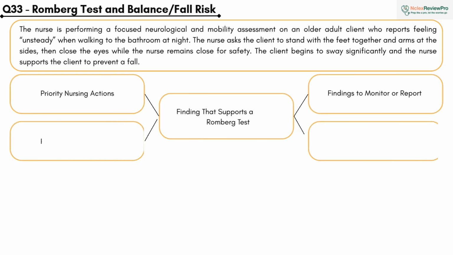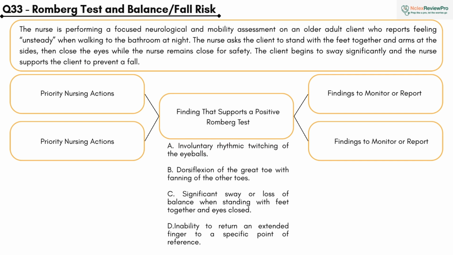And the question is asking you to complete the bow tie by selecting 3 things. First, one finding that supports a positive Romberg test. Second, 2 priority nursing actions. And third, 2 findings the nurse should monitor or report. For the finding that supports a positive Romberg test, the options are: Option A, involuntary rhythmic twitching of the eyeballs.